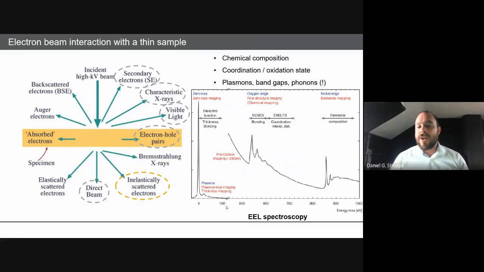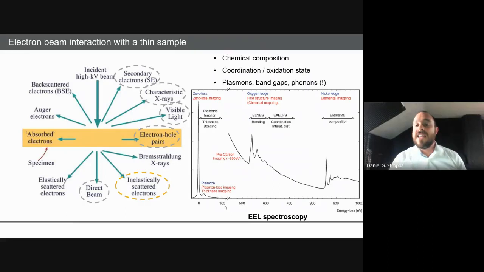So basically you have equivalent information, either collecting the X-rays that are generated with the decay after the ionization event, or collecting the electrons that went through the sample, lost the energy to excite this transition, and then can be captured and analyzed.